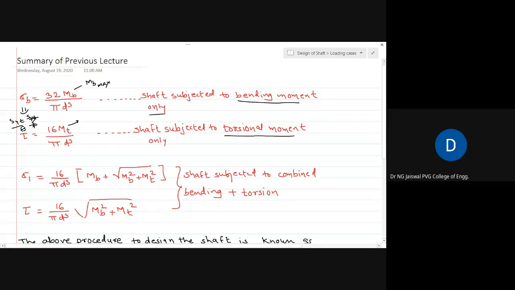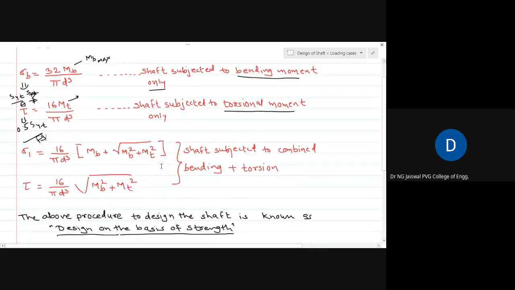If we put this torsional moment here, then 16 Mt upon pi d cube is equal to tau, the induced stress. We equate this to the permissible, given by 0.5 times SYT by factor of safety, equal to 16 Mt upon pi d cube. We can find out d. This equation gives you the diameter when the shaft is subjected to only torsional moment.